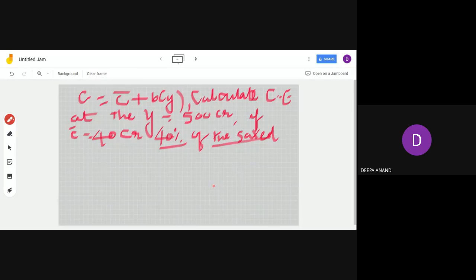So what is the question? You have to find out the consumption expenditure. You have to calculate the consumption expenditure through this formula, through this equation.